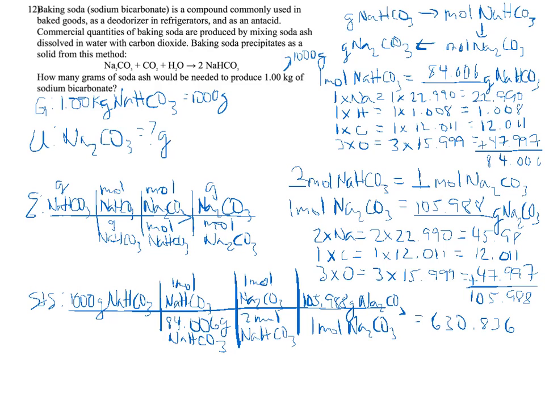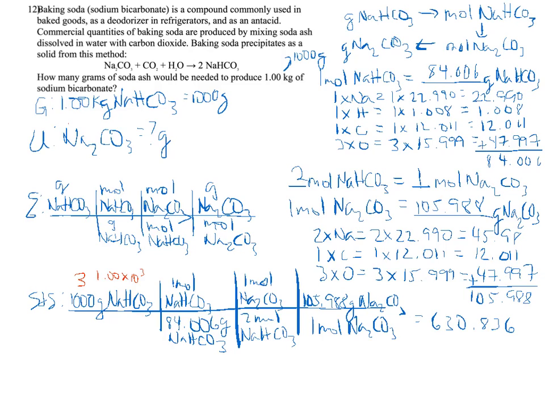Okay, so now significant digits. If we look back up at what we were given, we were given 1.00 kilograms. So even though it's not written that way on here, this really should have 3 significant figures as well. Technically, the way that you would write that to 3 significant digits is 1.00 times 10 to the third. That'd be the best way to write it, but I was just being quick and throwing it in there.